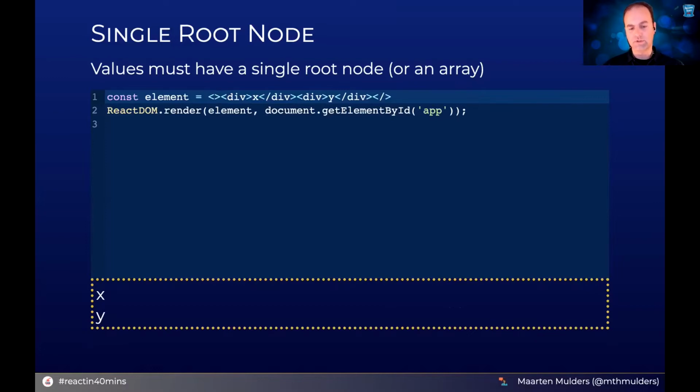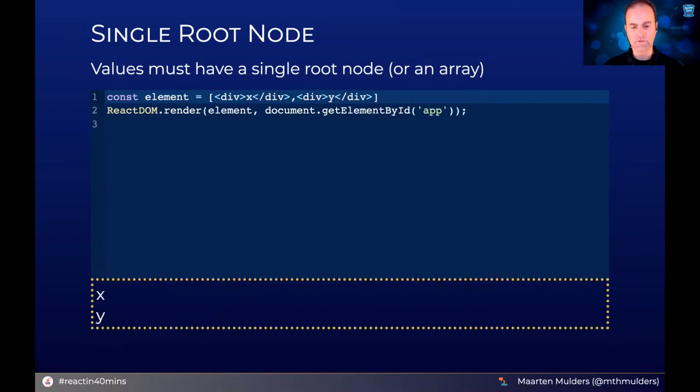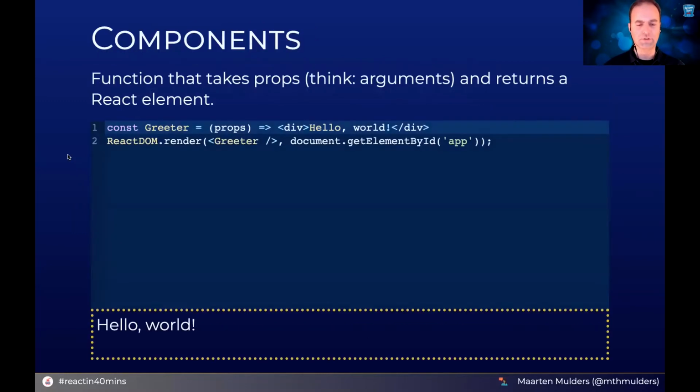But given that it is not per se valid XML, there's also the React.Fragment variant. And finally, you can even put all of them in an array. Then, of course, you need a comma over there. And you can even render an array of elements. I think that React will secretly insert a React fragment around it. Otherwise, it still wouldn't work.